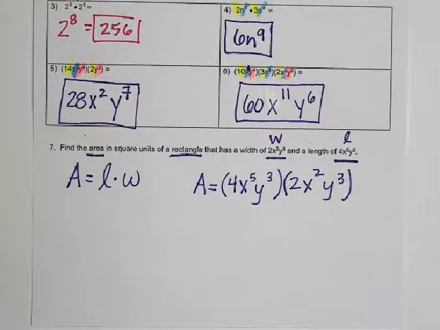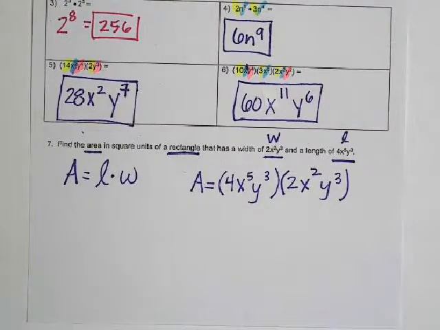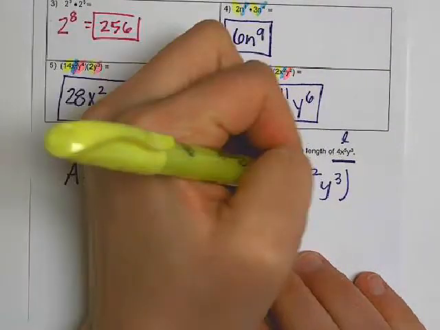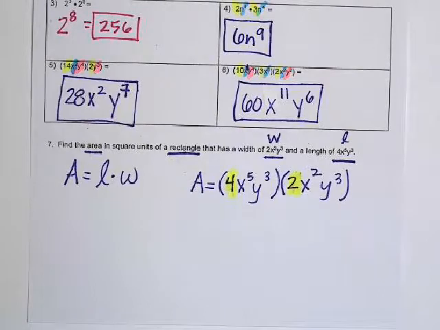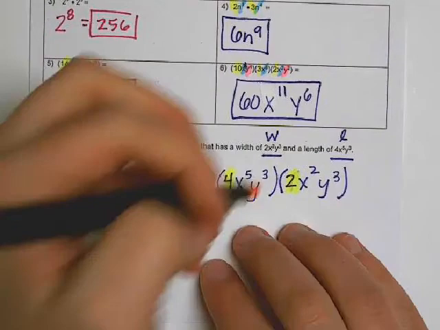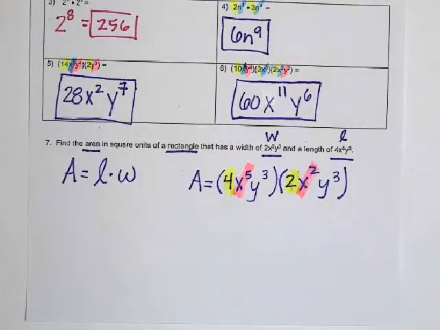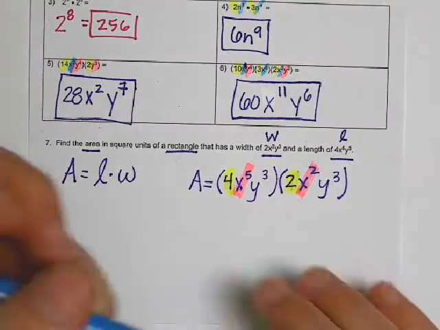Questions? All right. Highlight your big numbers one color. I like to do all my big numbers always yellow. I just like to keep it the same. Okay? Then highlight your X's one color. And then highlight your Y's a color.